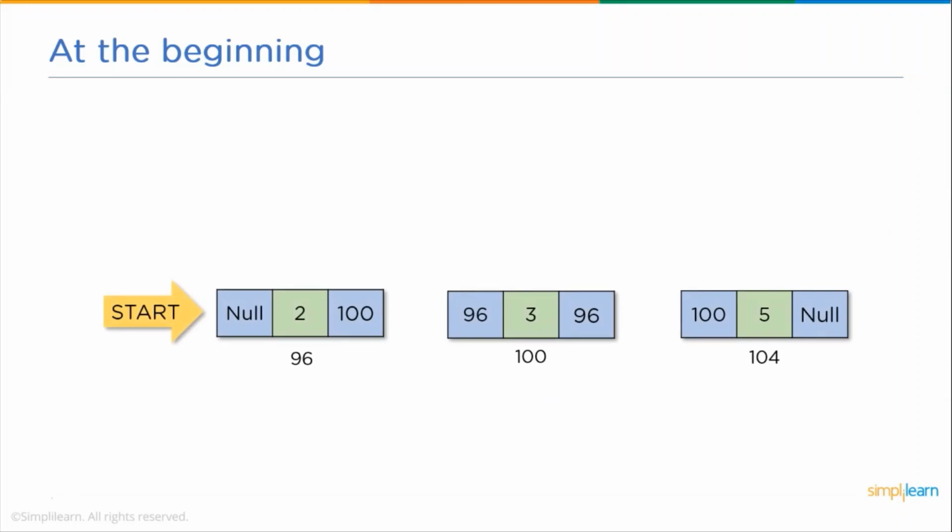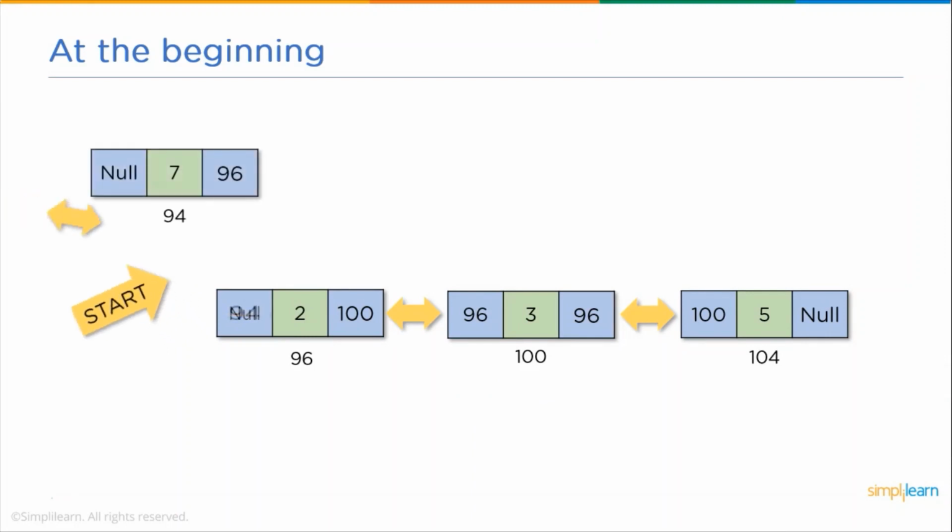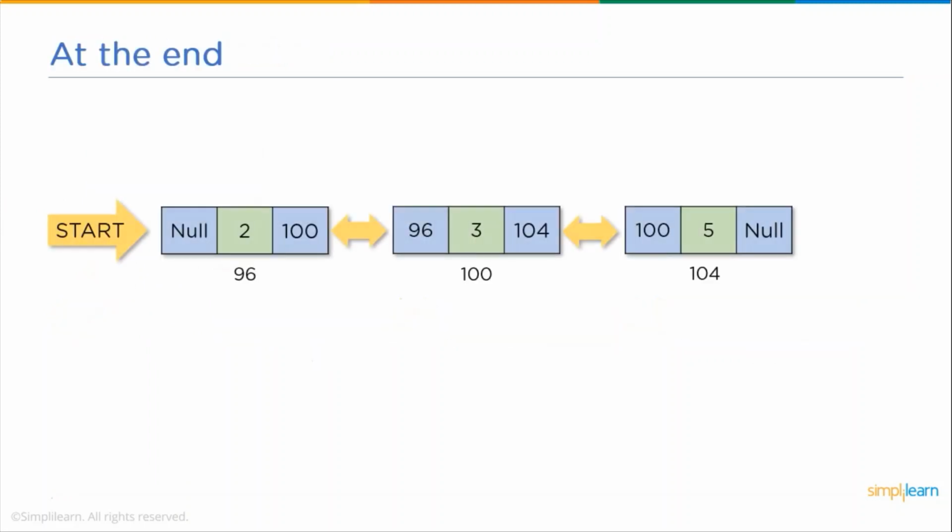Next up, insertion at the beginning. We will create a node with the previous pointer pointing to null and the next pointer pointing to the head node. Then we will change the head node's previous pointer to the new node and change the head to the new node. Next up, insertion at the end.